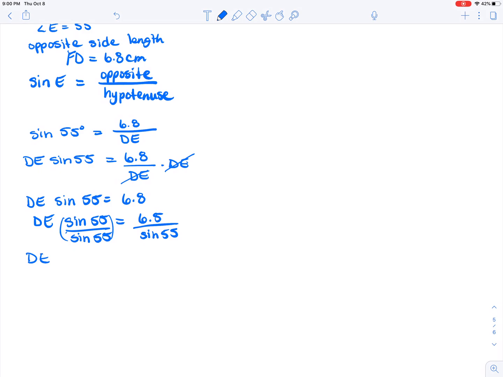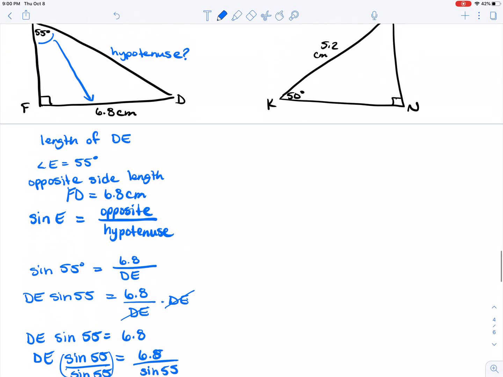So DE length is going to be determined by 6.8 divided by sine 55. So you're going to go ahead in your calculator and actually put in 6.8 divided by sine 55. And then you'll come up with DE equals 8.3 centimeters. That's the hypotenuse.